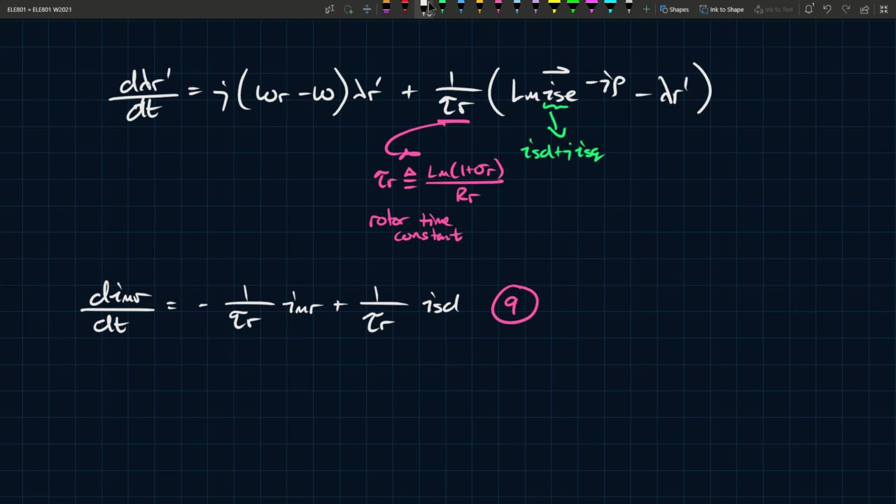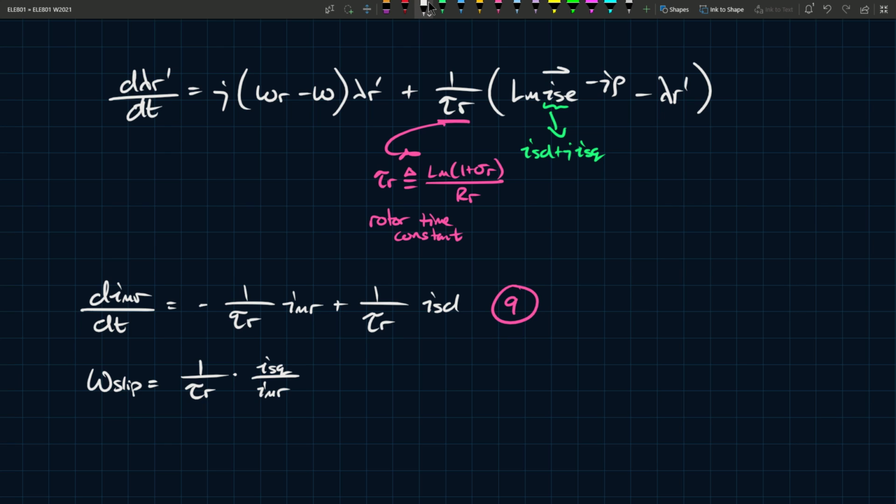And you get another equation where we can say omega slip is equal to 1 over tau r times isq over imr. This is what we call the slip frequency, or sorry, the slip speed, the angular velocity. What happens is the rotor or machine flux doesn't exactly follow the supply.